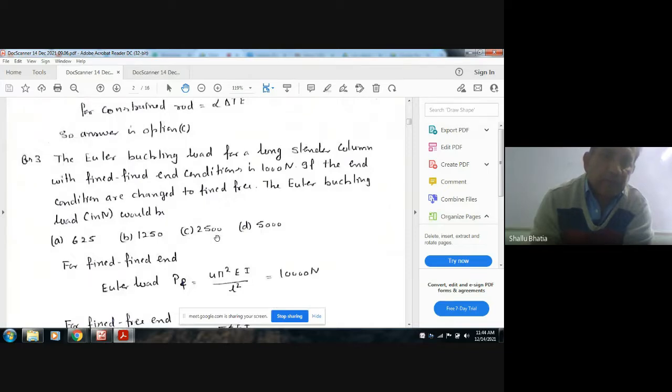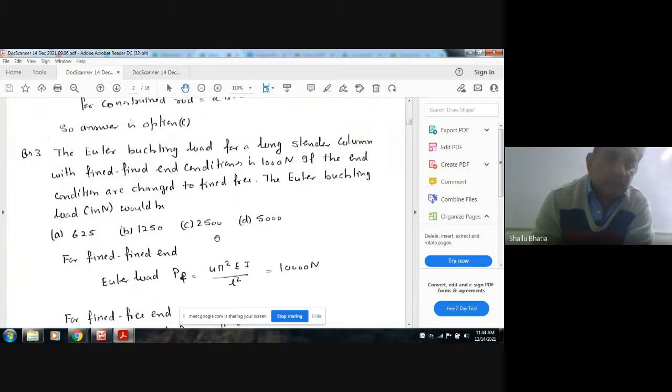Next, the Euler buckling load for a long slender column with fixed end conditions is 1000 Newton. If the end conditions are changed to fixed-free, the Euler buckling load in Newton would be? The condition is fixed end condition, so both ends are fixed. Then the formula for Euler load is 4 pi square EI by L square.